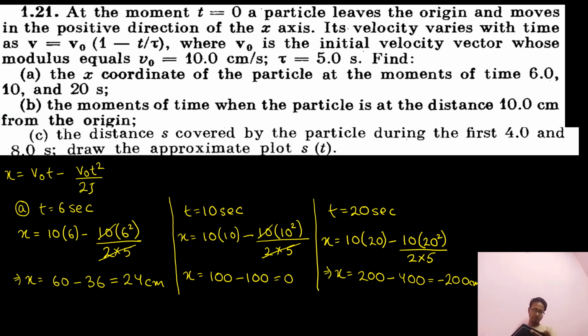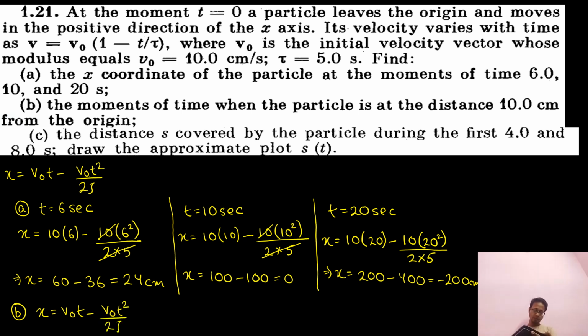Now the second part of the question: the moment of time when the particle is at a distance 10 centimeter from the origin. So when is the particle 10 centimeter from the origin? x is equal to v naught t minus v naught t square by 2 tau.